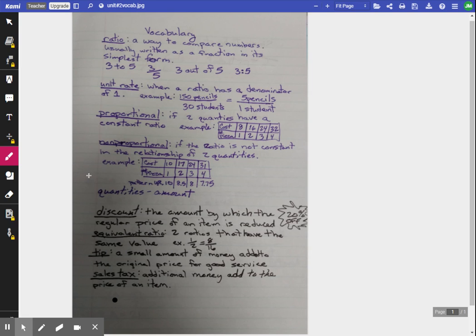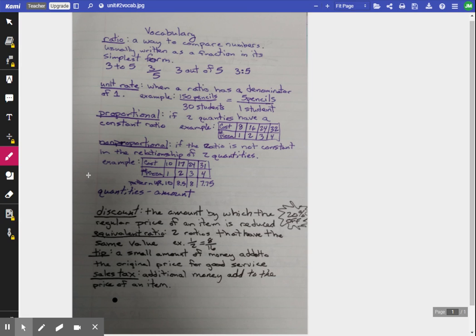If it was non-proportional, it may provide something like this. If the ratio is not constant in the relationship between the 2 quantities, you are not going to see that pattern showing up. An example here is if I buy 1 pizza and it costs $10, but I buy a second pizza and it now costs $17.